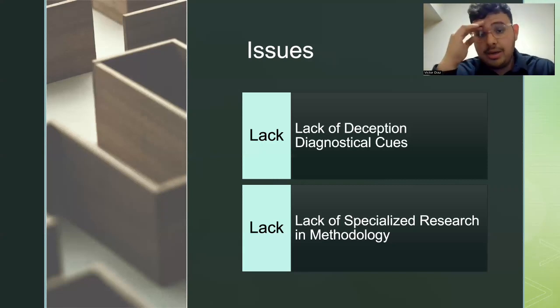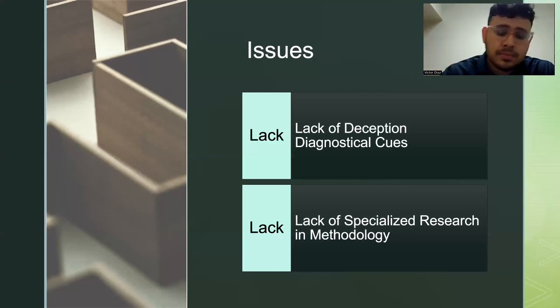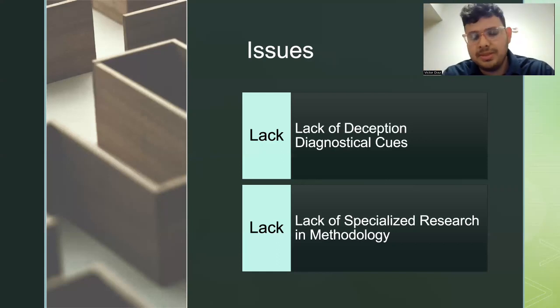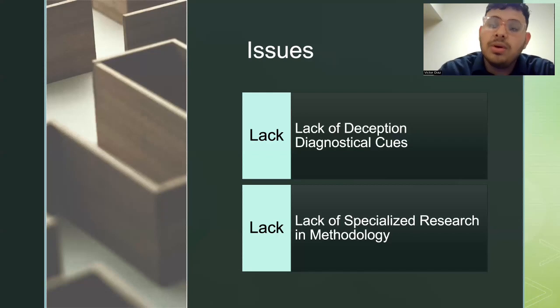If we're looking at heart rate, controlling the heart rate at a specific time is very hard. So research into the methodology limits the work that we can do, because humans can only do so much work and we can only look at so many things, and there's still so much work to be done in deception work.